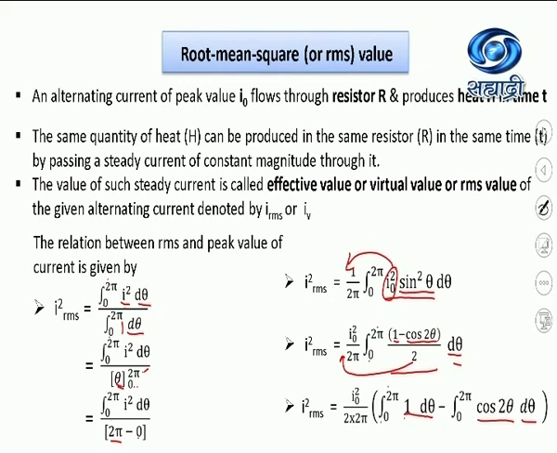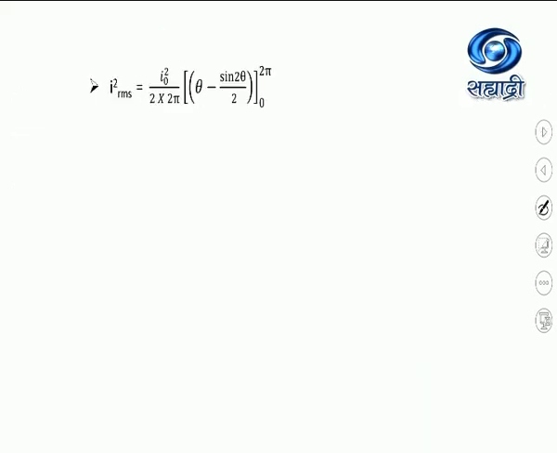Now integration of 1 with respect to theta is theta, and integration of cos 2 theta is sine 2 theta, and integration of 2 theta with respect to theta is 1 upon 2 theta. So in the next slide, I square RMS equals I0 square upon 2 into 2 pi, theta minus sine 2 theta upon 2, limits from 0 to 2 pi.